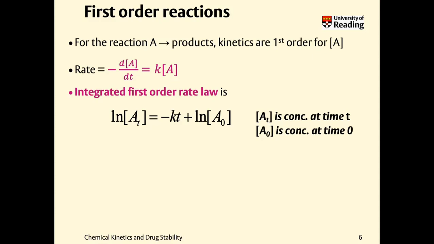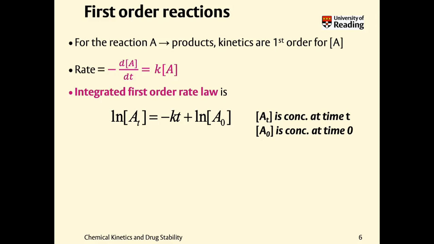So the rate, as we know from our rate expressions, is measured by minus dA by dt in that reaction. So minus dA by dt, the rate that the reactant A is consumed, is equal to k times A if it's a first order reaction.